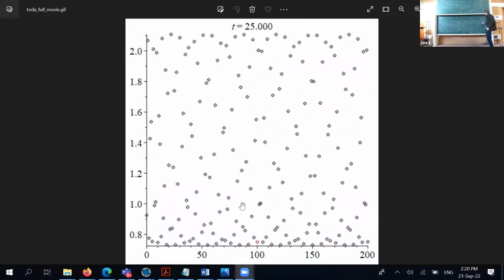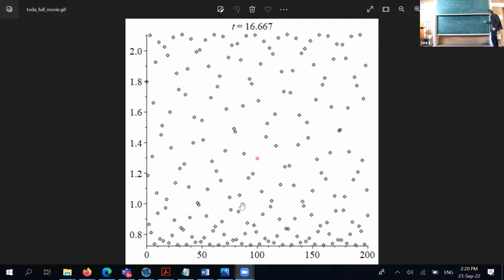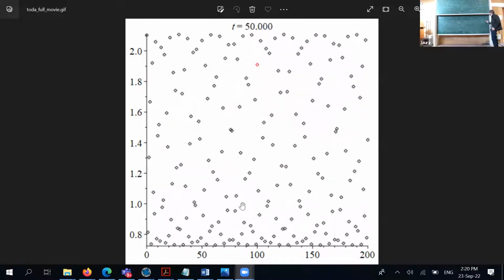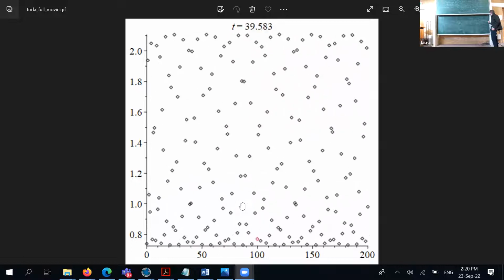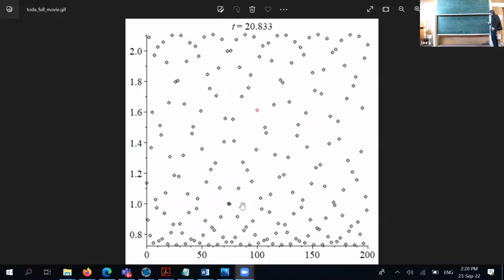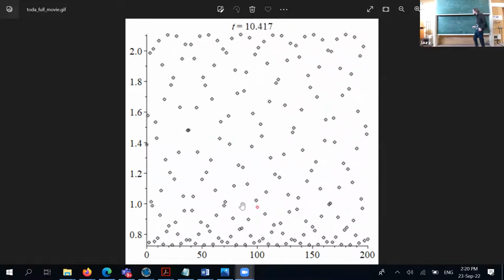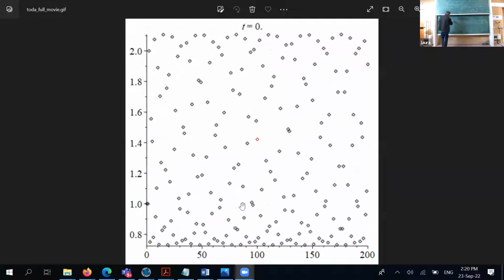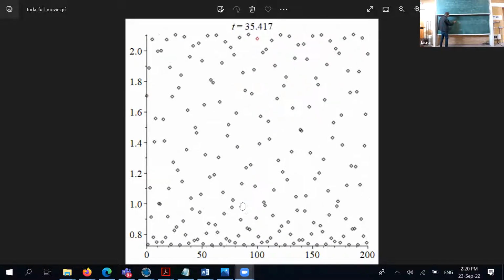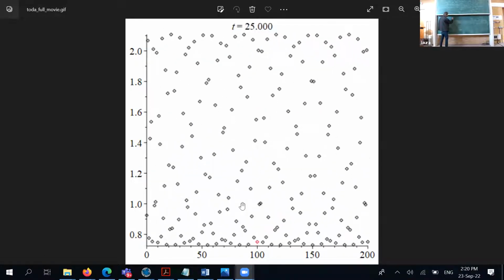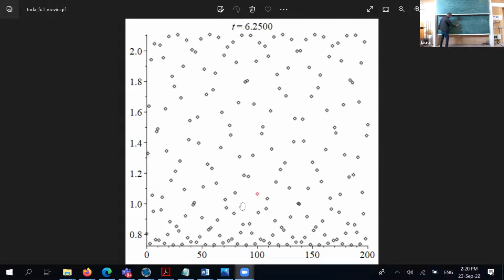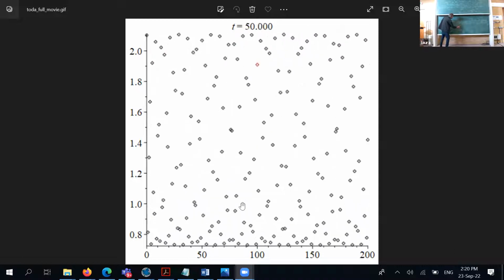These numbers, Pn over Qn, they each satisfy the same three-term recurrence relation. With these numbers, let's call this A0, A1, A2, A3, A4.